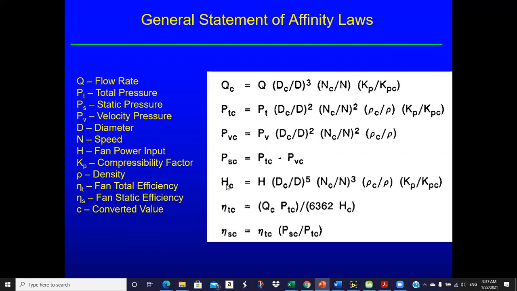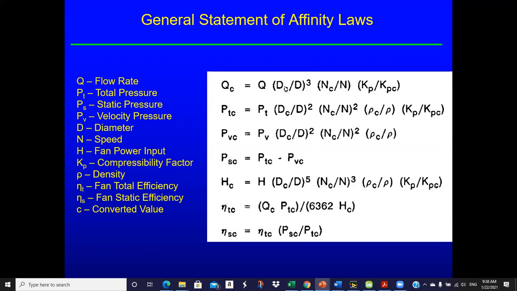On power, H is power. Again, the D's drop out, the rho's drop out, and the K's drop out. If the speed ratio is 2, when I cube it, 2 times 2 is 4, times 2 is 8. So now that power is going to be 8 times what it was previously. And then these are just definitions of efficiencies based on that initial equation that I had up there.